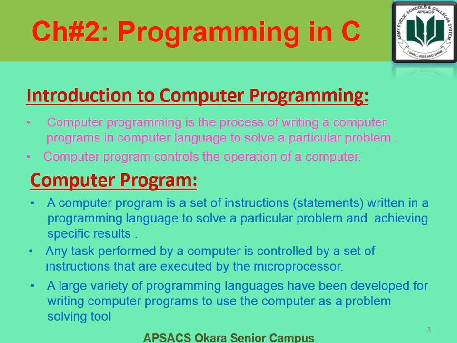A large variety of programming languages have been developed for writing computer programs. There are many types of languages being used today for developing computer programs and for giving instructions to the computer to perform a specific task and to solve a particular problem.